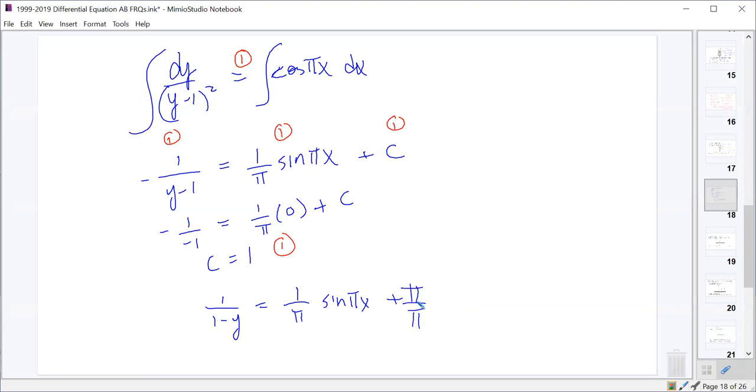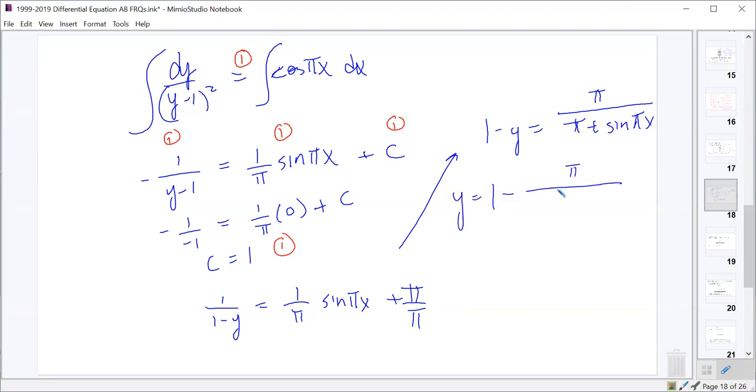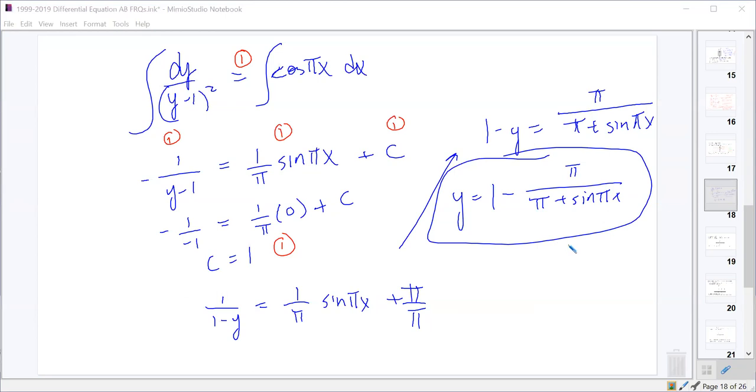And so when we flip it, we end up with 1 minus y equals pi over pi plus sine pi x, or y equals 1 minus pi over pi plus sine pi x. And that is the 6th point for part C.